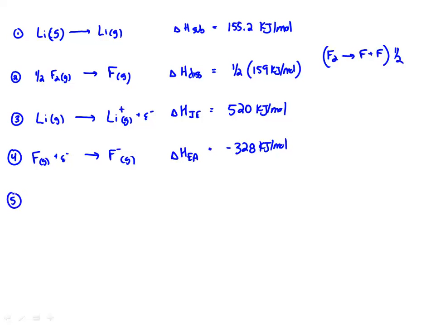And then the last step is I have to take that lithium plus ion plus a fluorine minus gas ion, and I make lithium fluoride solid, that's my delta H of the lattice. And that's equal to minus 1017 kilojoules per mole.